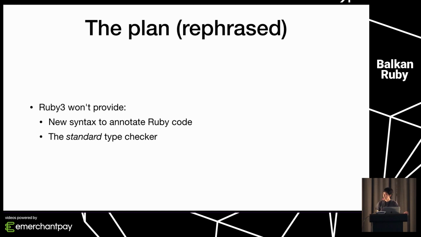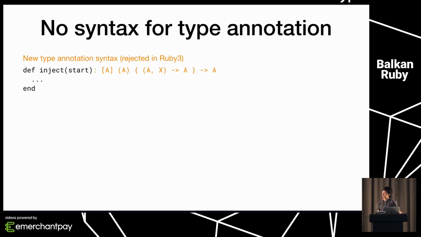I also want to explain the opposite. In Ruby 3, we won't provide new syntax to annotate Ruby code, and we won't have a standard type checker for Ruby. Matz said two years ago or so that no new syntax will be introduced to annotate the types of Ruby. It's a bit confusing, so I'd like to explain in detail.